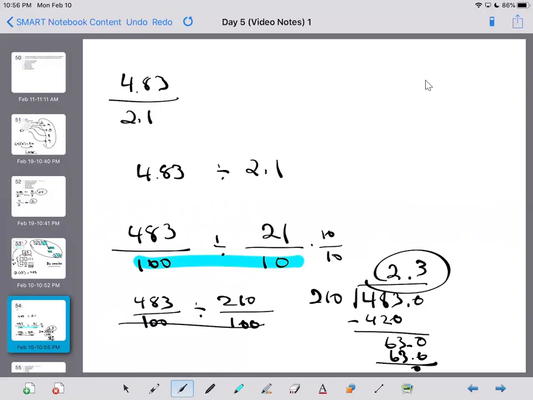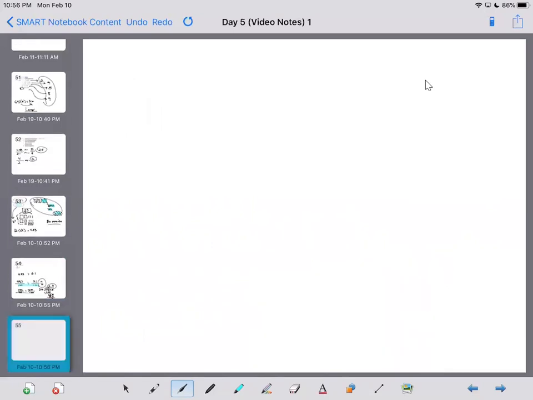This is a good strategy. It's just not used very often because you want to get the denominators the same, which means you might have to multiply the divisor by some multiple of 10.